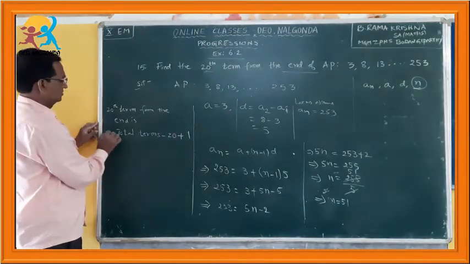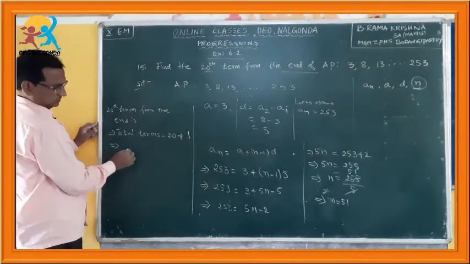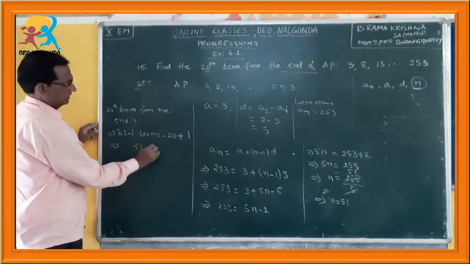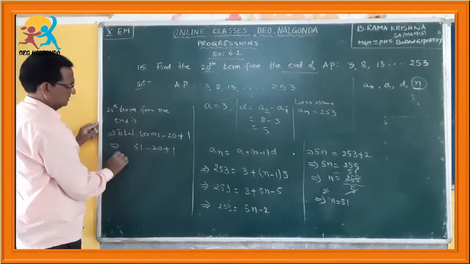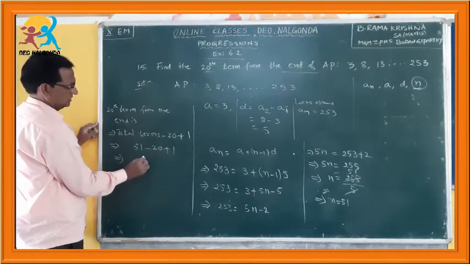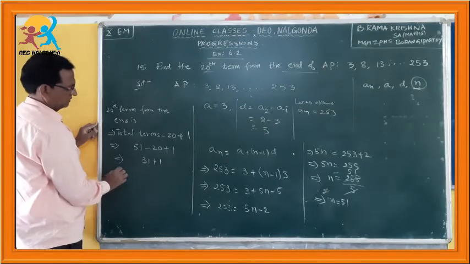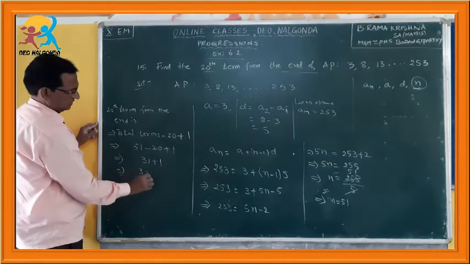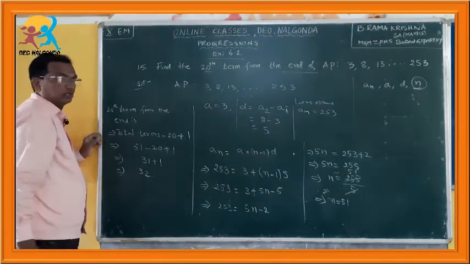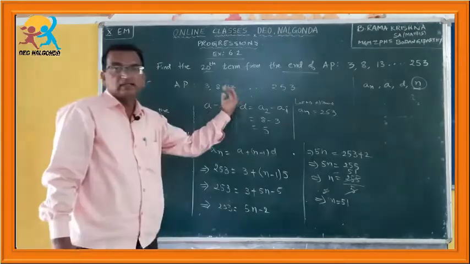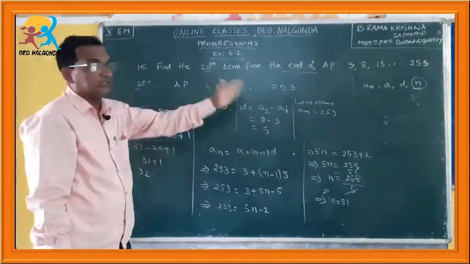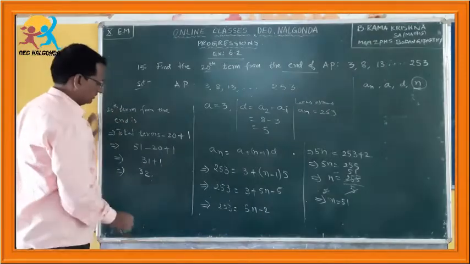This is equal to total terms, how many? 51 minus 20 plus 1. This is equal to 51 minus 20 is 31, plus 1, which is equal to 32. So, from the end the 20th term is the 32nd term from the beginning.